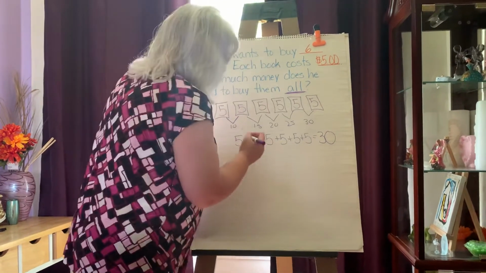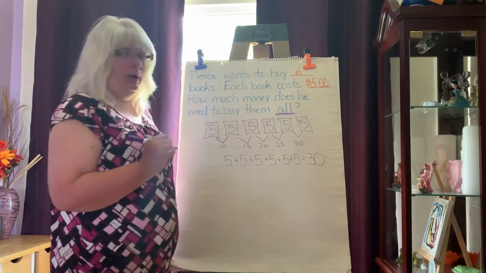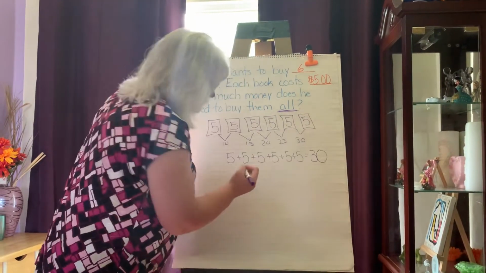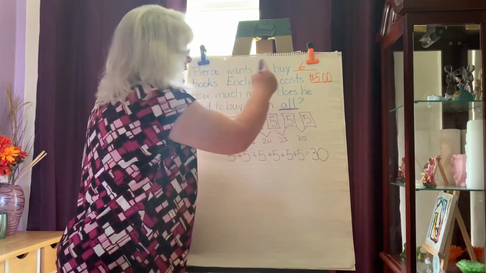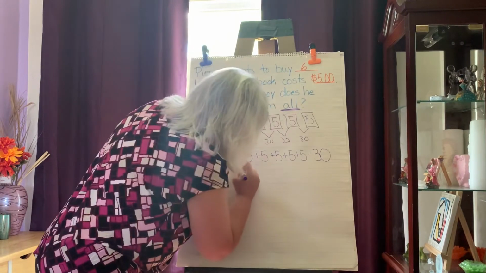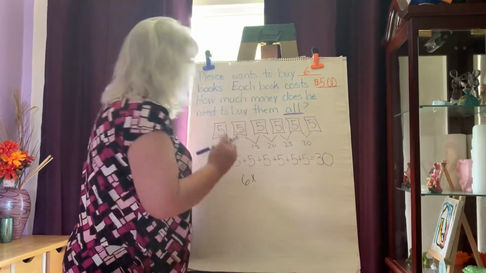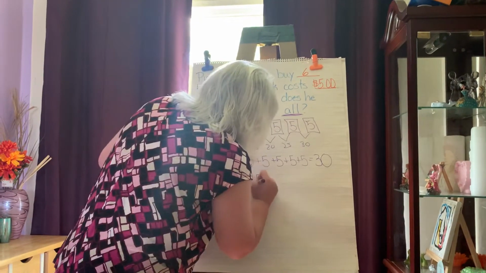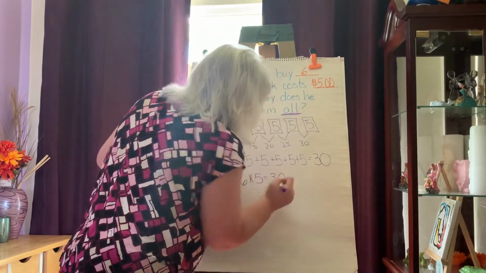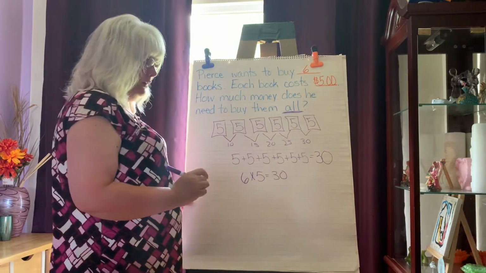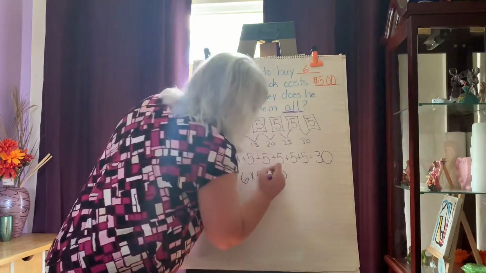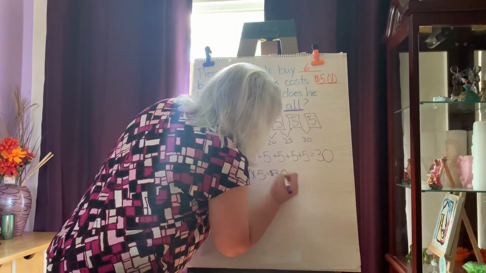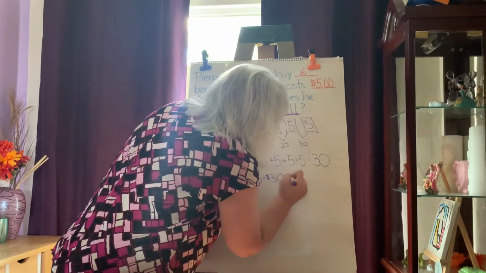So we're going to write our multiplication sentence now. We're going to write 6, because that's the number of books, times 5, because that's how much each costs, and we know that equals 30. Now, remember, this is where it gets a little tricky because you have to use your dollar sign, your decimal point, and your 2 zeros.